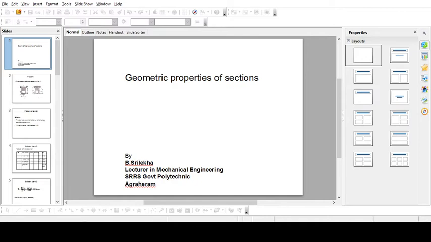Whenever a complex figure is given, first we need to divide it into simple definite sections such as squares, rectangles, triangles, etc. Then we find the distances from the x-axis and from the y-axis, and also the area of each definite section.